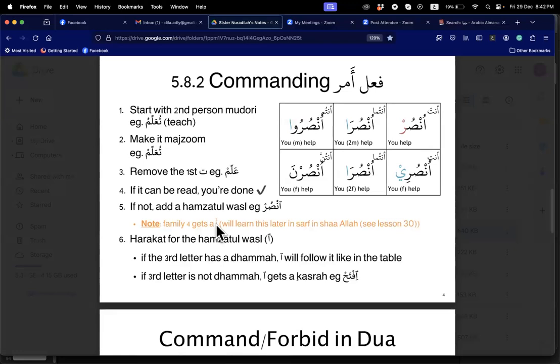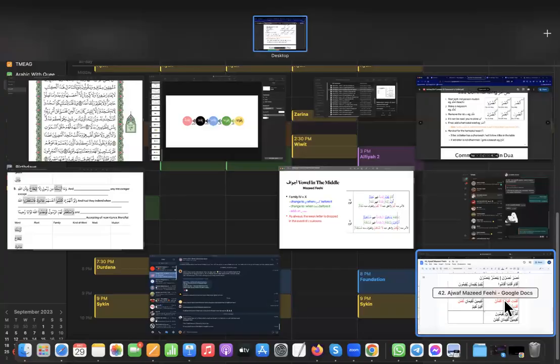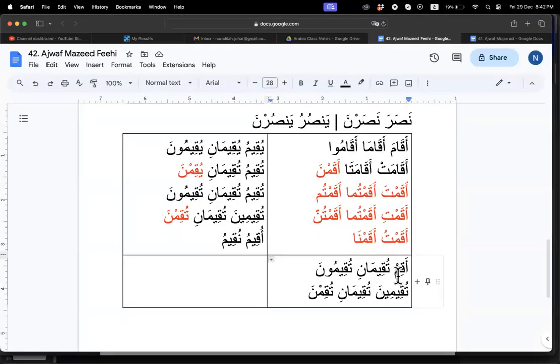Hamzatul Wasl when we cannot pronounce the word, right? But in family 4, even when you can pronounce the word, so technically qim you can pronounce, right? The qaf doesn't have a sukun. Even so, you still have to add your hamzah fathah here.